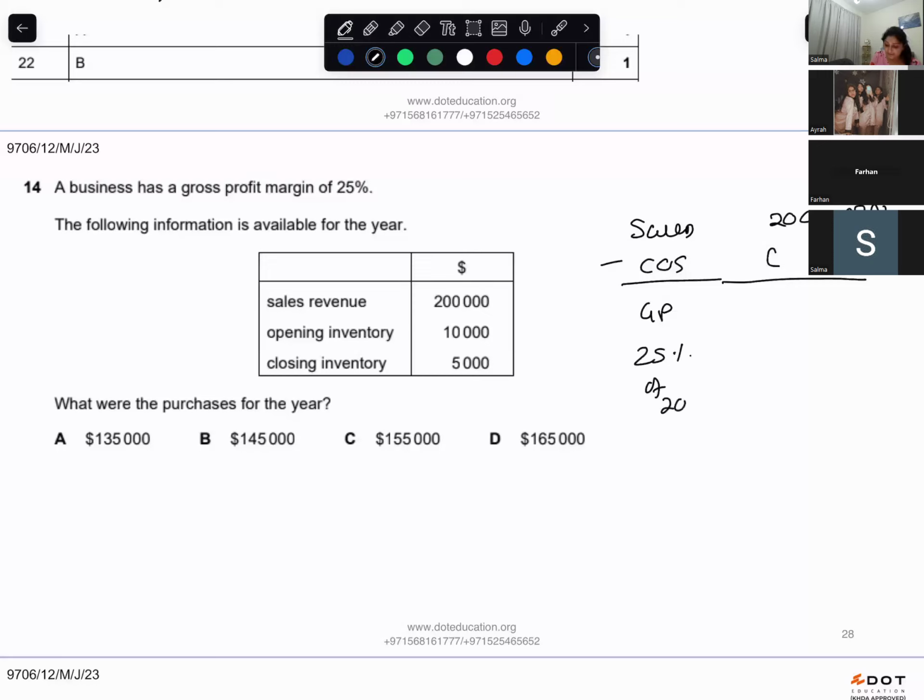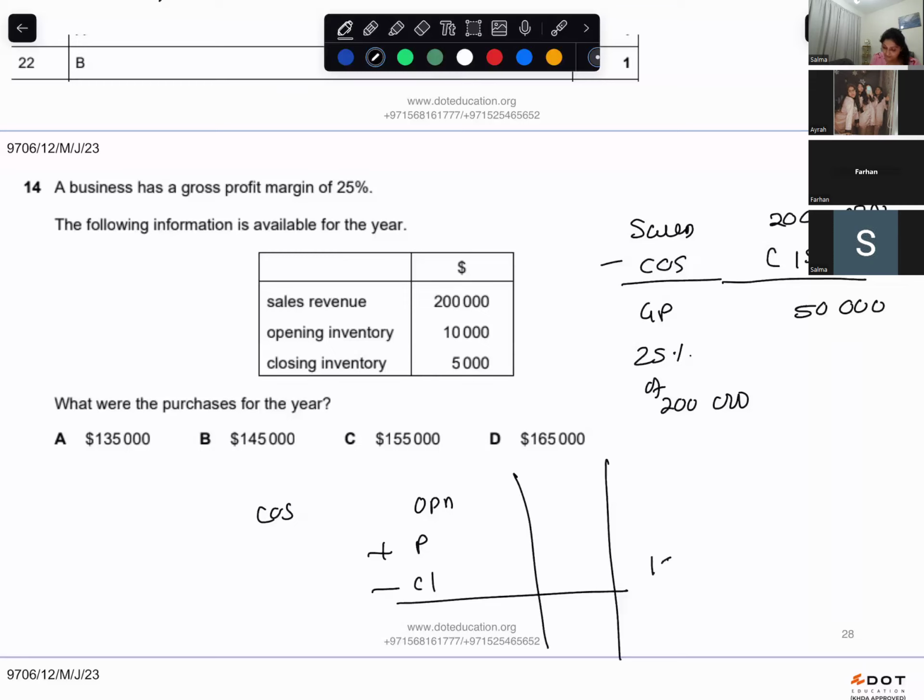Cost of sales will become 150,000. Cost of sales is made up of opening inventory plus purchases minus closing inventory. This is 150,000.